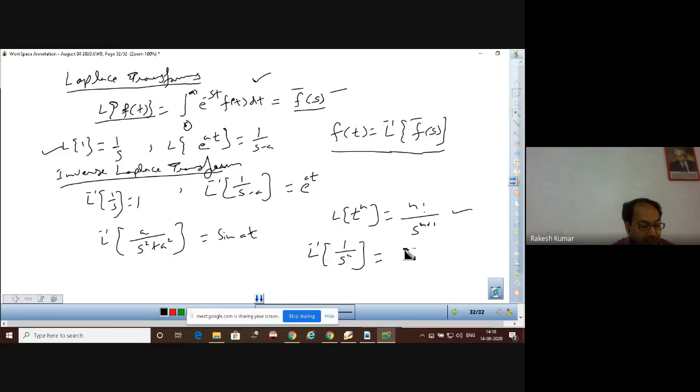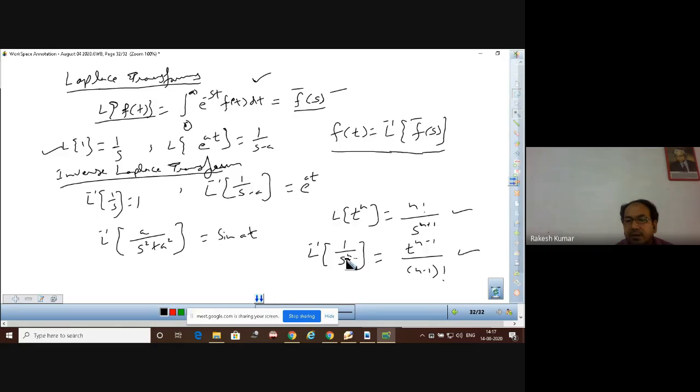We can write that as t raised to power n minus 1 over n minus 1 factorial. This is the new formula of Laplace inverse transform. This is the case for n varying from 1, 2, 3 and so on, positive values.